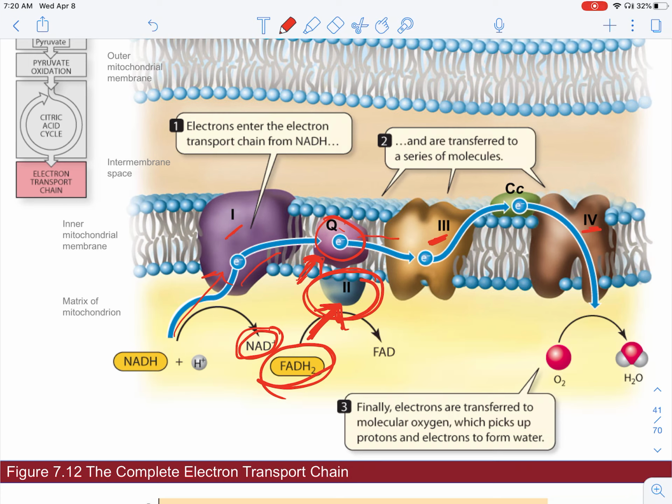Ubiquinone floats through the membrane and passes the electrons on to complex 3.